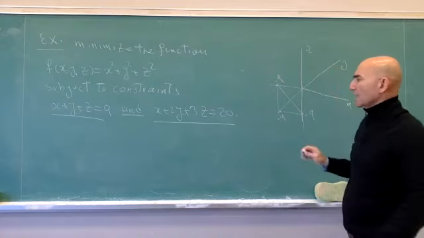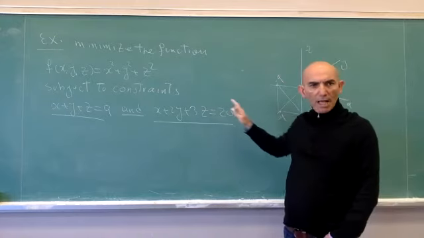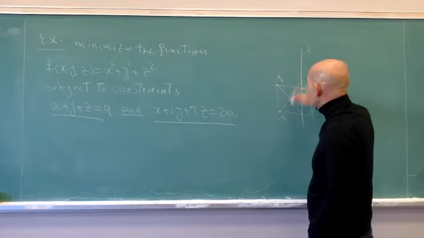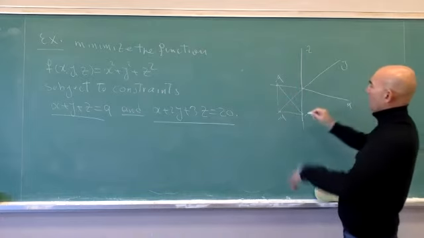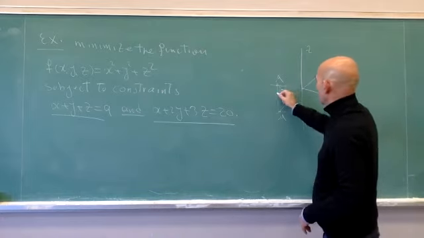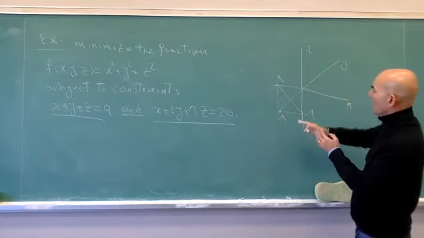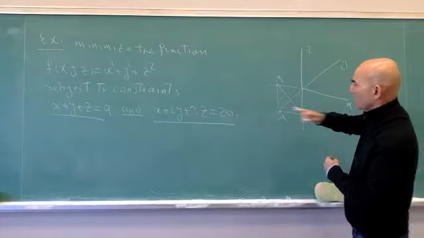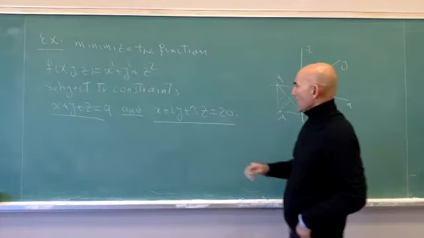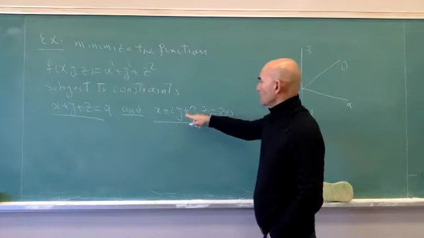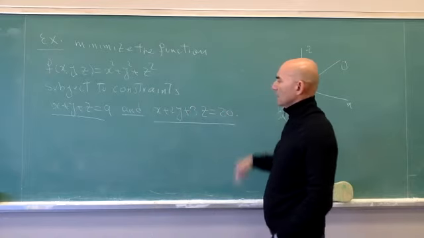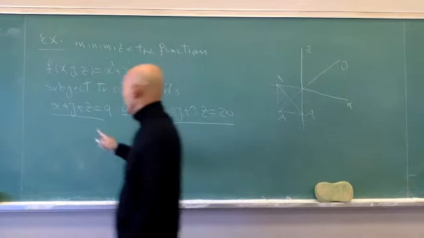That's exactly the portion of the surface that is in this part, but of course the surface goes all the way to infinity. Don't think that this is just a part of it. It's just a plane. Now, what about x plus 2y plus 3z equal to 20? This is also a plane.